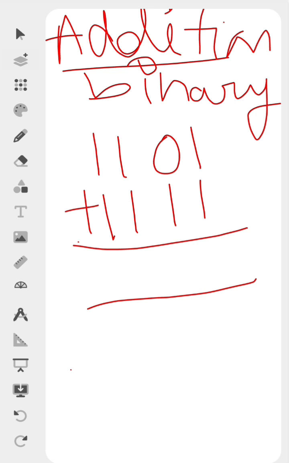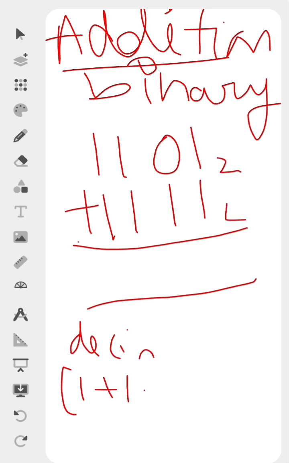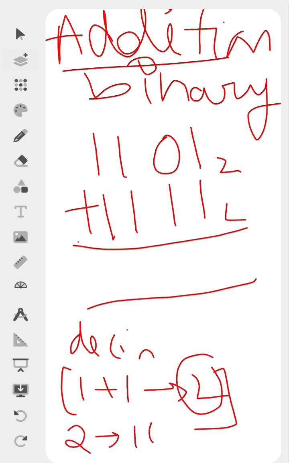This is a binary addition. So I know that 1 plus 1 in decimal is 2. 2 in binary is nothing but 10. How is 2 equal to 10?